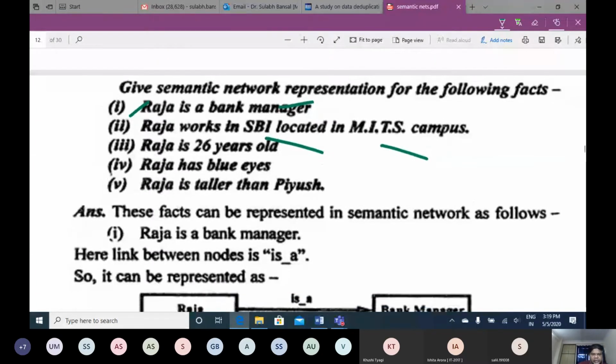Then age may be one node. 26 years is one node, which is represented by age. Then eyes is another node. Then Piyush is another node. Then blue is a node which represents the color of eyes. So you have identified the nodes.